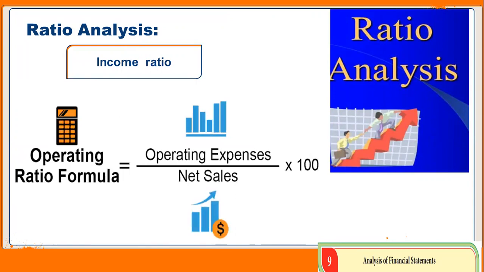Next income ratio is operating ratio. It indicates the relationship between operating profit and the net sales. The formula of operating ratio is equal to operating expenses upon net sales into 100.